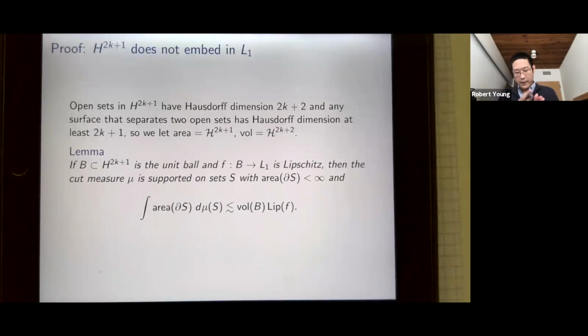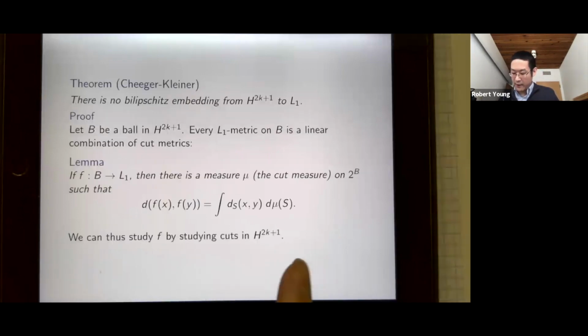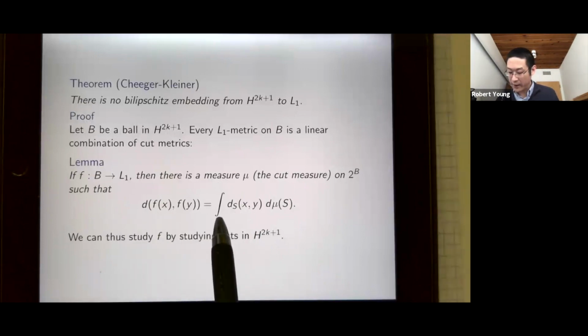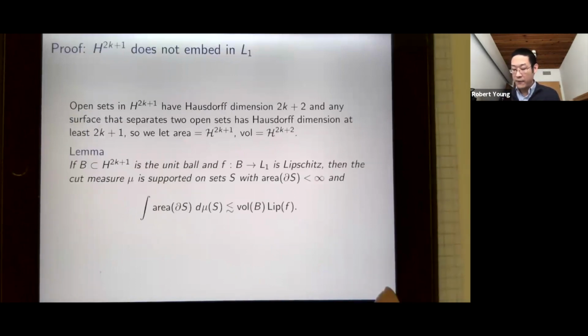Because remember, we're saying that the distance between f(x) and f(y) is bounded by the measure of the set of cuts that separate x and y. So if our map is Lipschitz, that means that two points that are close together can't be separated by too many cuts. That means that the boundary of these cuts can't be too big. And this is the inequality: all the cuts have to be finite perimeter, and the total of that perimeter is bounded by the Lipschitz constant of the map.